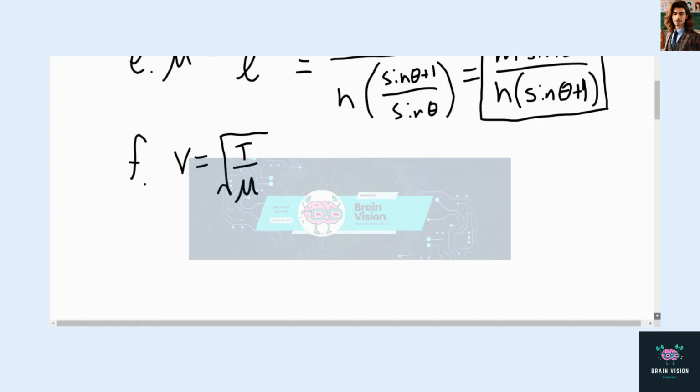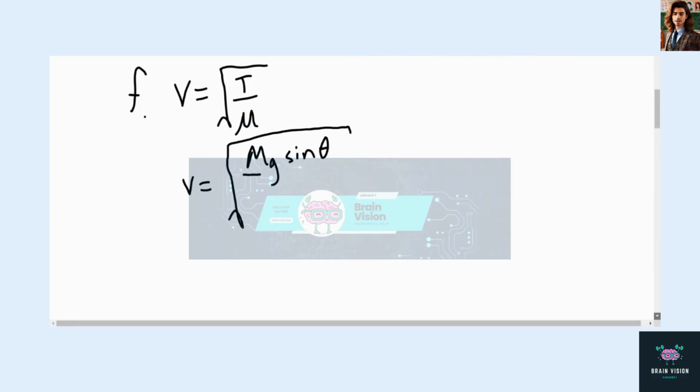So then V becomes the square root of, and our formula for tension is big M times G times sine theta. And that is all divided by our formula for mu, which is m sine theta divided by h sine theta plus 1. I'm going to put that in parentheses because that's a whole term on its own.